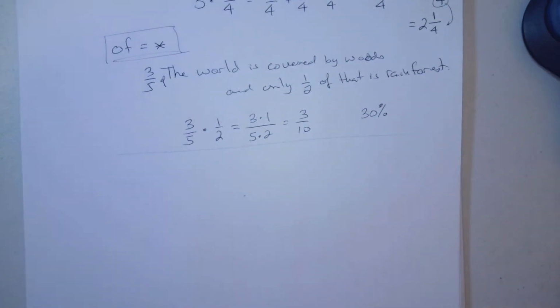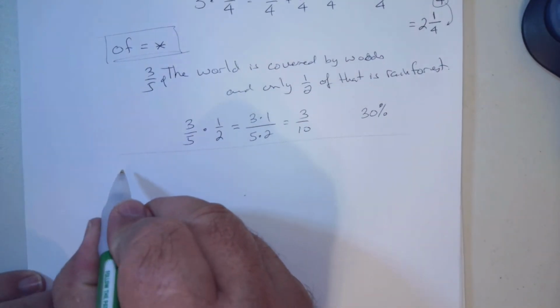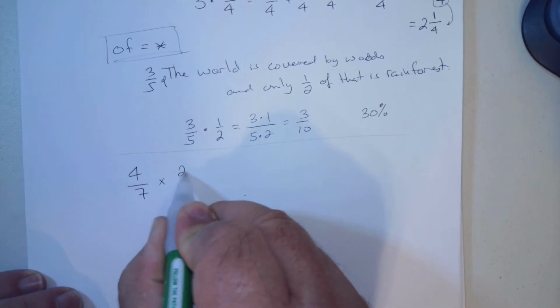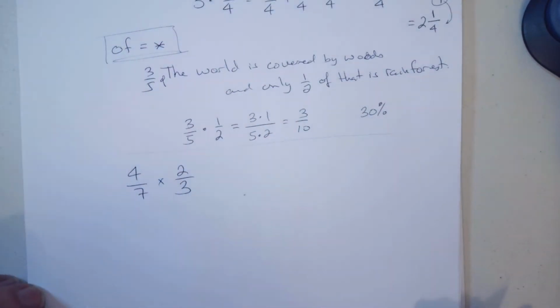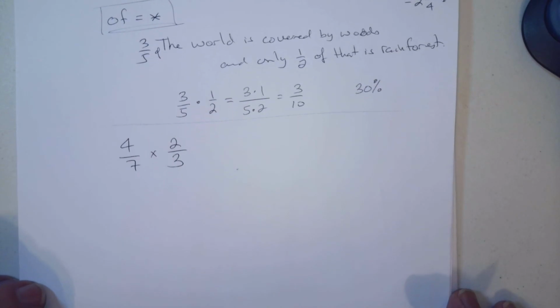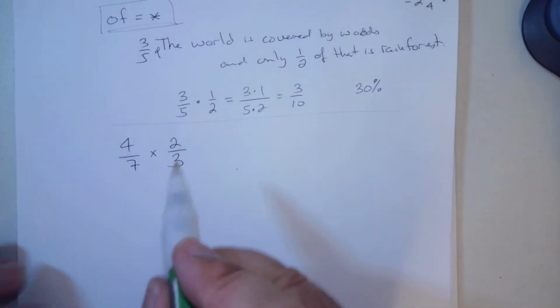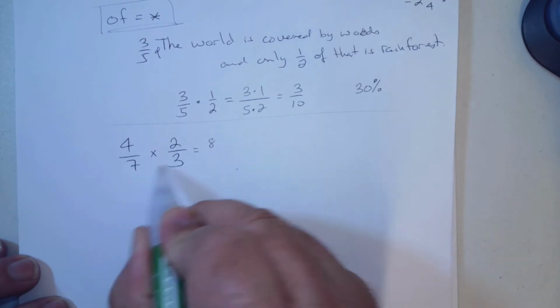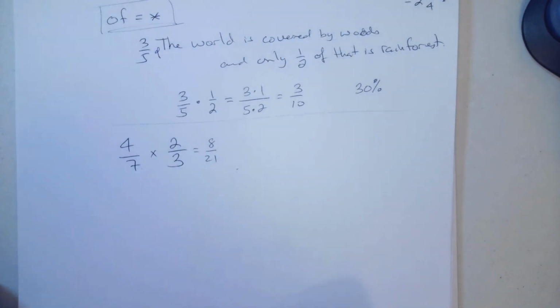Now, when you teach kids this stuff, how are you going to do it? Well, let's look at 4/7 times 2 over 3. We could teach them 4 times 2 is 8, 7 times 3 is 21. But what does that mean to them? 8 over 21.